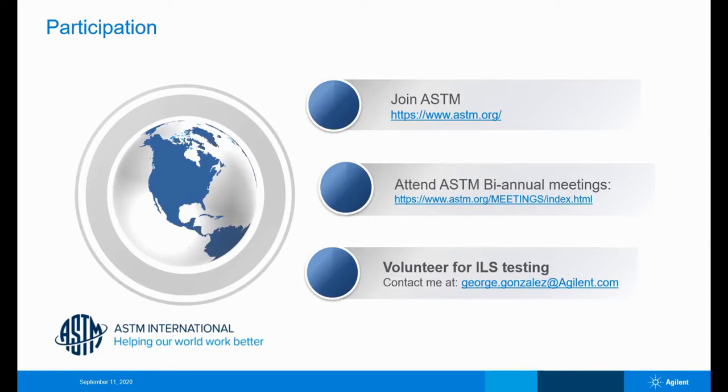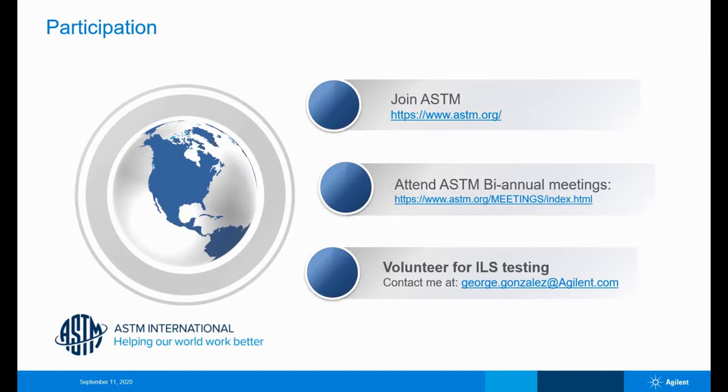And also, and more important, as you might have noticed, there's a significant amount of work performed by the task groups. And as a technical contact for multiple standards, it is challenging to find participating labs. I truly understand why, because I've managed laboratories in the past at contract labs, and I know the volume of work that is performed in most laboratories.